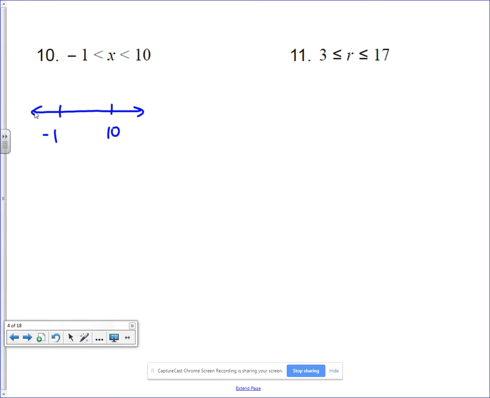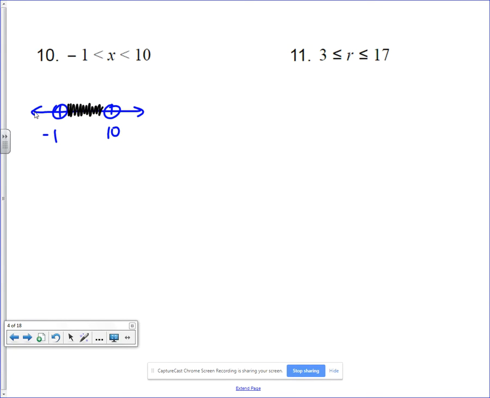What kind of circle is going to be on the -1? What kind of circle is going to be on the 10? Now, where did Gage say that variable was? So I am only going to shade where the variable is. That is the answer.